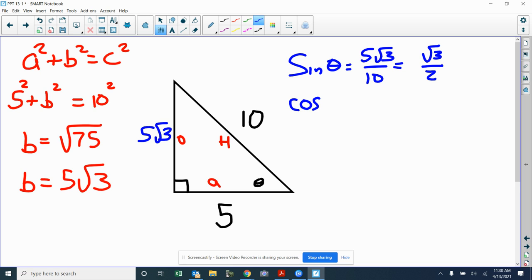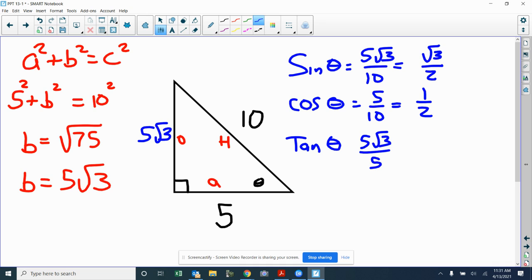Cosine is what? Adjacent over hypotenuse, which would be 5 over 10. Let's go ahead and simplify that too. 1/2. Your tangent is what? Opposite over adjacent. And that simplifies down to just the square root of 3.